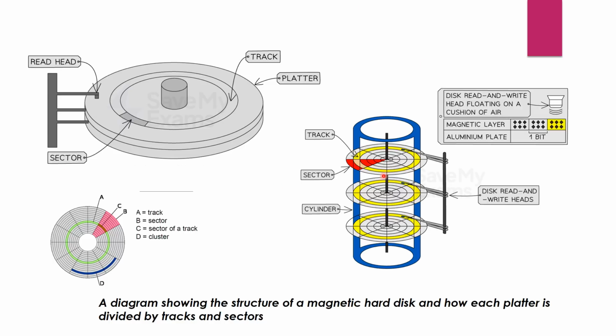See, a magnetic drive looks like this. We have multiple disks like this, one, two, three, four, and when we join those disks, we get one disk, right? Just look at this picture.